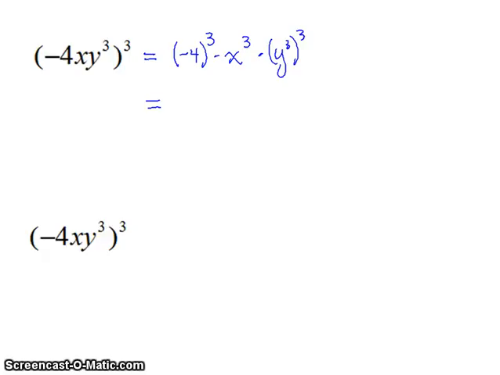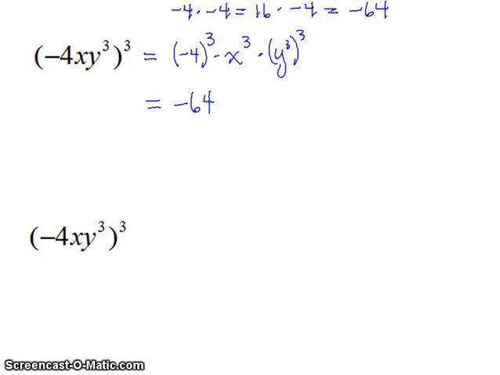But since it's a negative, it's going to be a negative 64 because we have negative 4 times negative 4, which gives us a positive 16. But then we take that times negative 4, and that gives us a negative 64.